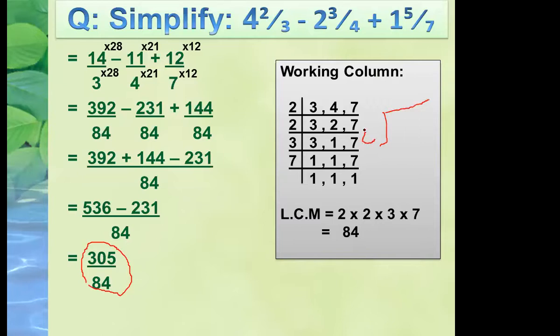Here I am going to divide the 84 and 305. Okay. Now 84 multiplied by 3, it will become 252, and then subtraction. So 5 minus 2, it will become 3, and 10 minus 1 will become 5.